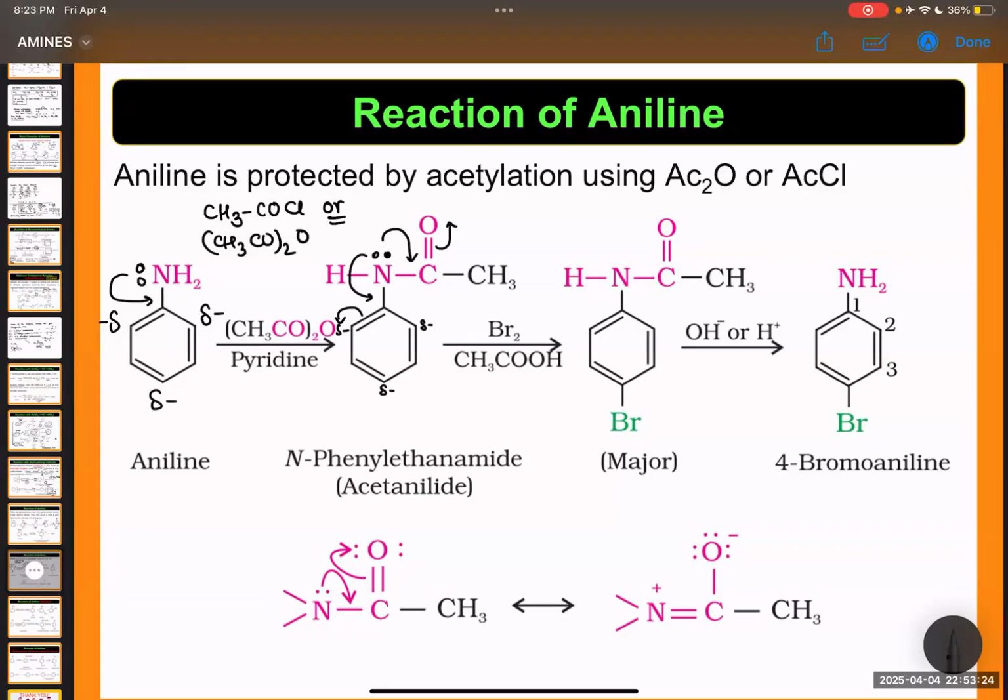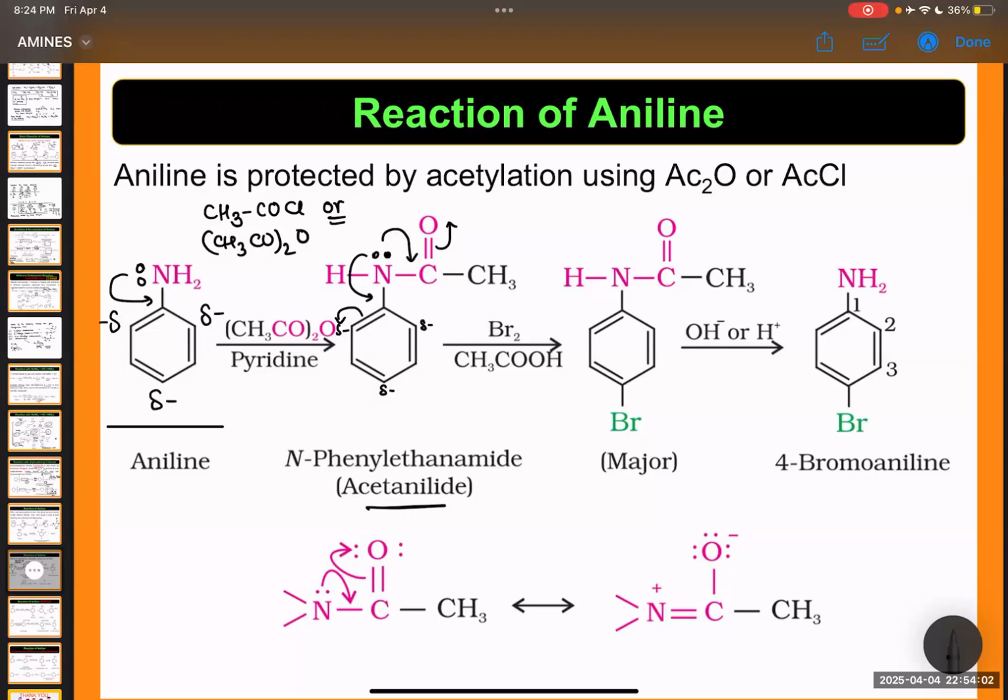The increase is not to a large extent; earlier it was very largely increased, now it is increased by a lesser extent. And this acetylated aniline is known as acetanilide, a short form, or N-phenylethanamide. The electron density is less because it is being distributed on either side of the nitrogen.